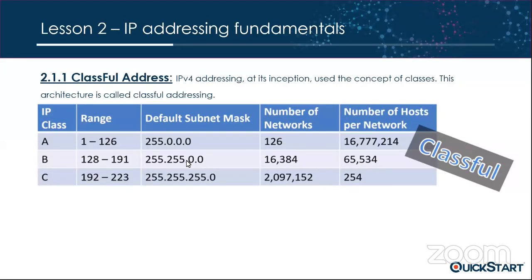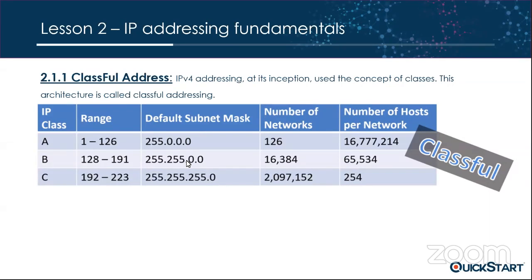Classful addressing normally goes with RIP version 1. We're going to discuss it later, but I'm giving you an example. In a classful address, in the RIP session, it automatically detects the range. It doesn't need the default subnet mask.